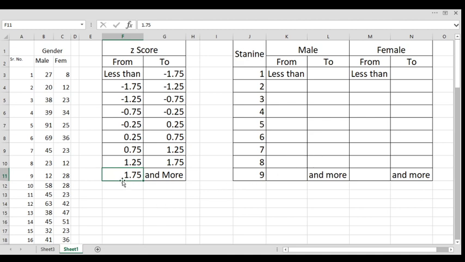So here 1.75 is the starting point and the ending point is not given. Now we will use Excel to convert the raw scores of male into stanine scores.